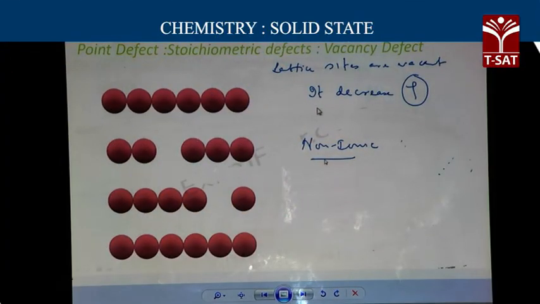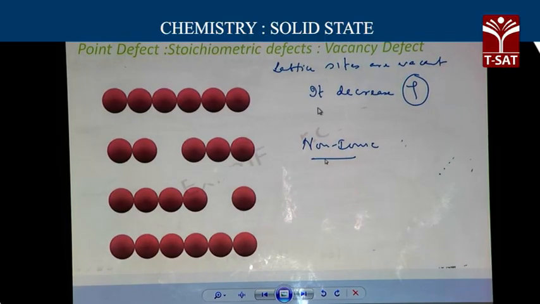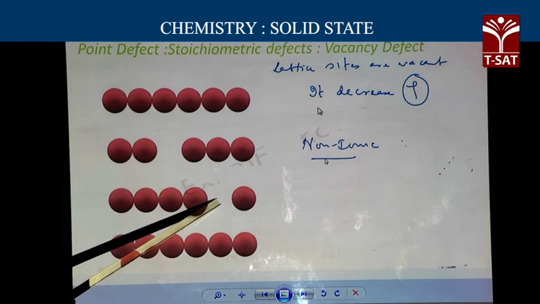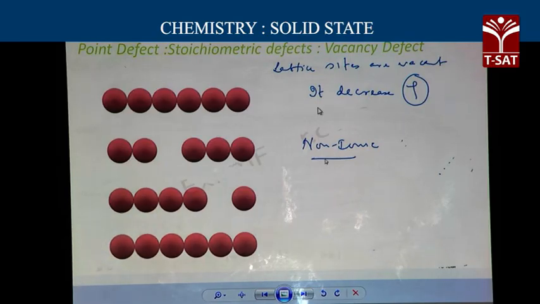Let us know what is vacancy defect. Vacancy defect is one of stoichiometric defects or point defects. Here and here, the spheres were missed. In this point and in this point, there are no spheres.